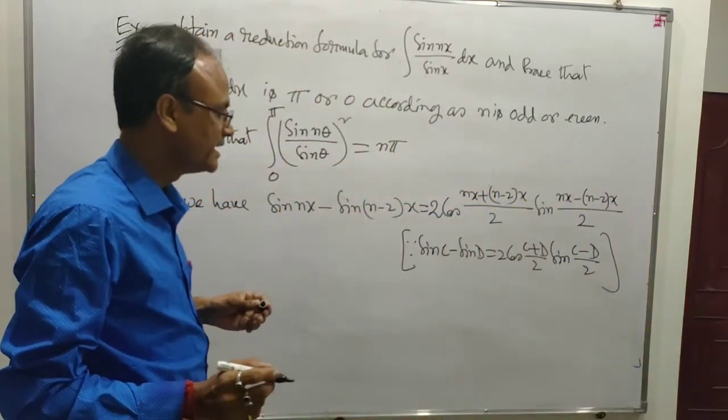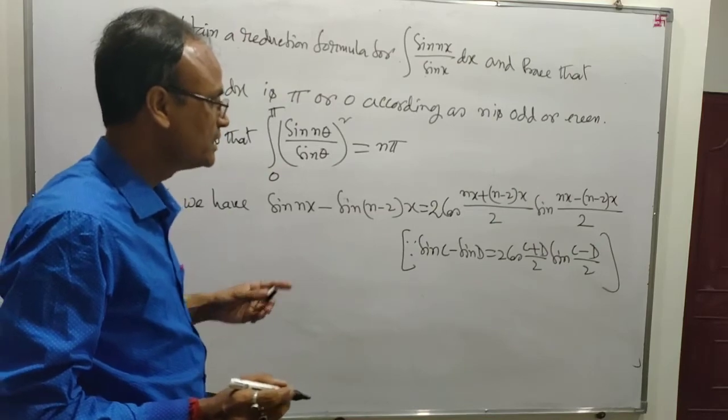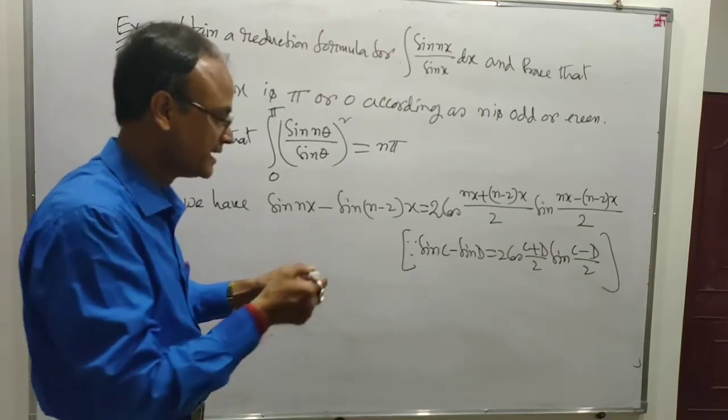Sin c minus sin d equals twice cos (c plus d)/2 into sin (c minus d)/2.